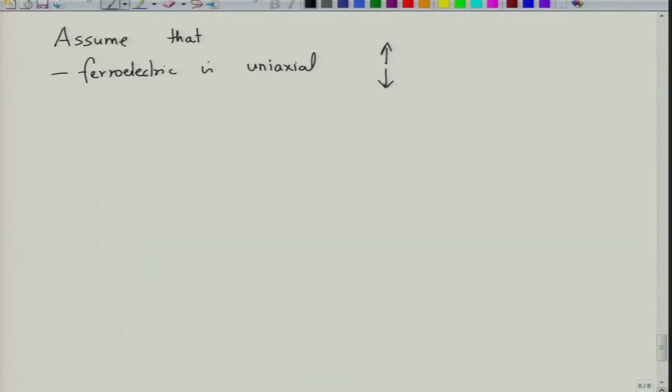There are no multi-component polarization vectors which might complicate the situation. So, if this is P plus, this will be P minus, and the field is applied parallel to the polarization, just for the sake of simplicity, okay.